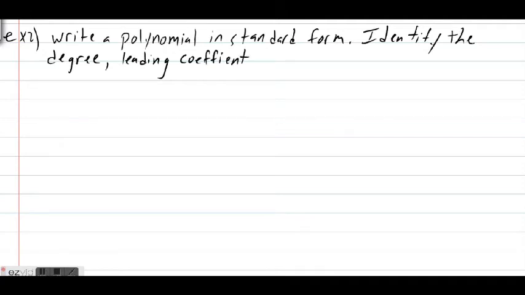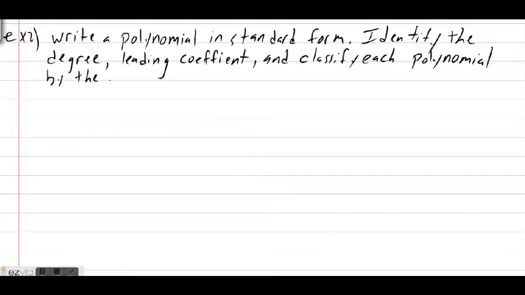You guys already know what a coefficient is. It's the number in front of a variable. So we want the leading coefficient and classify each polynomial by the number of terms.